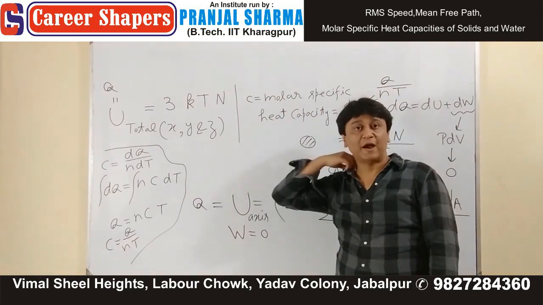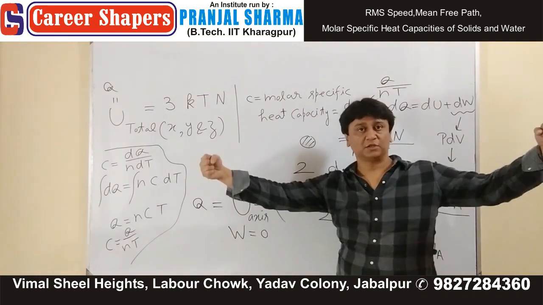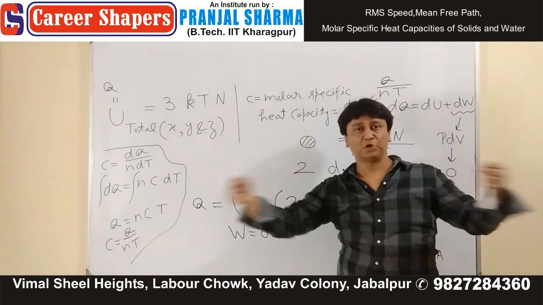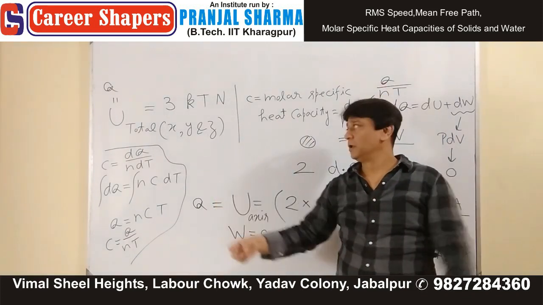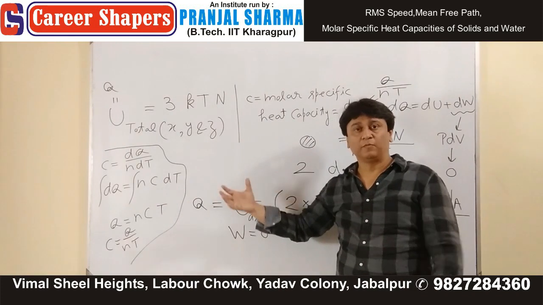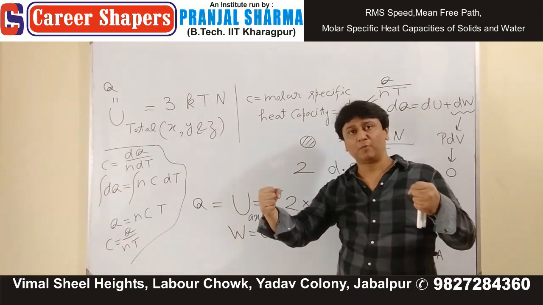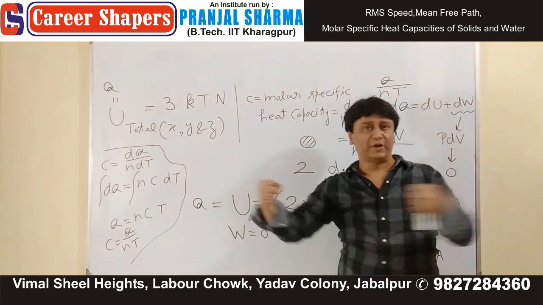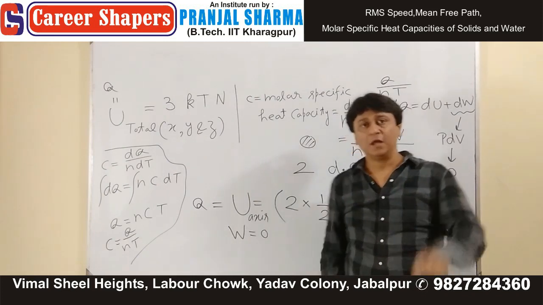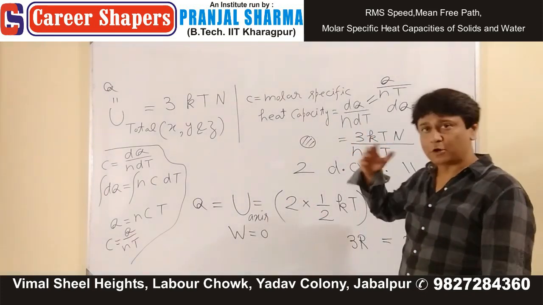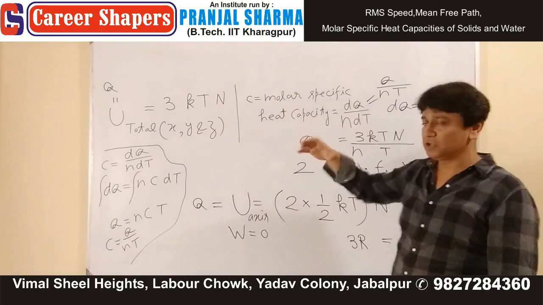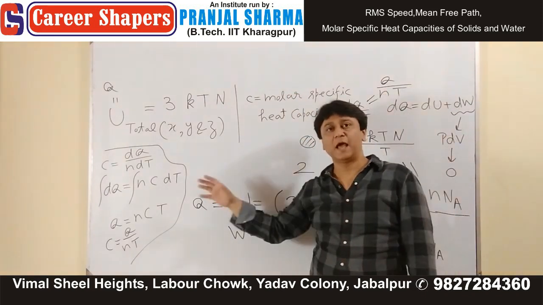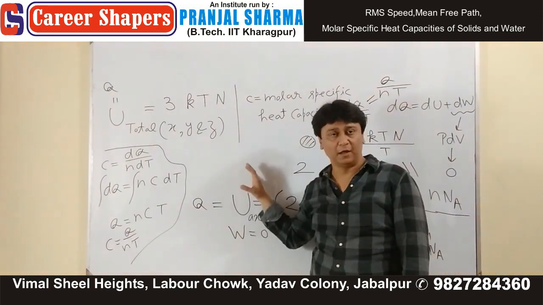The assumptions of ideal gases are for gases which have no interaction between the molecules. Solids have so much interaction between the molecules that they cannot move freely. They can only vibrate, but still we are crossing the limits just so that you get an understanding of the whole idea.